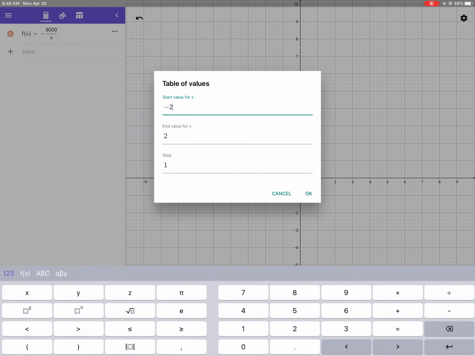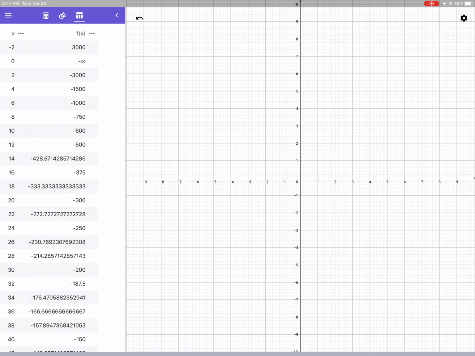Here's the problem with your table. I'm going to go from, I don't know, negative 2, and now we have to talk really big numbers here. I'm going to make my step 2, and go all the way to, let's just say, 100. Let's see if it'll do that for me.